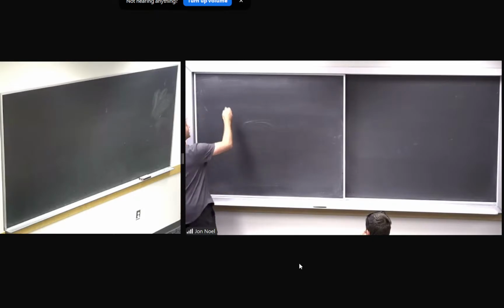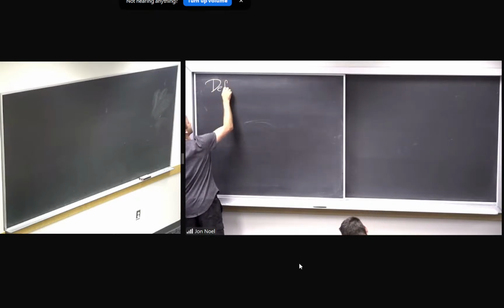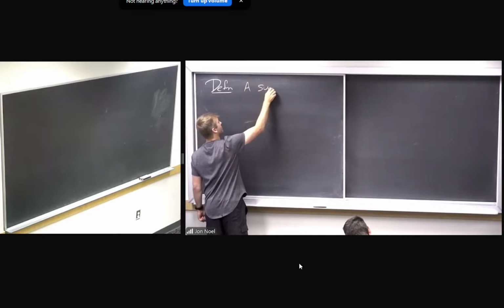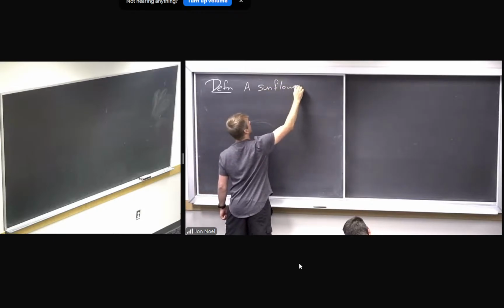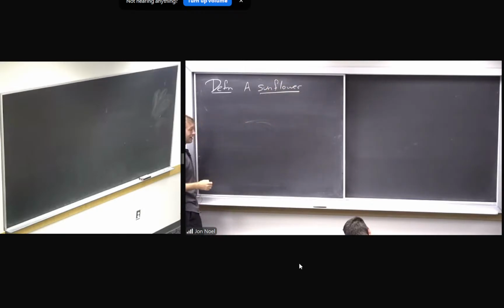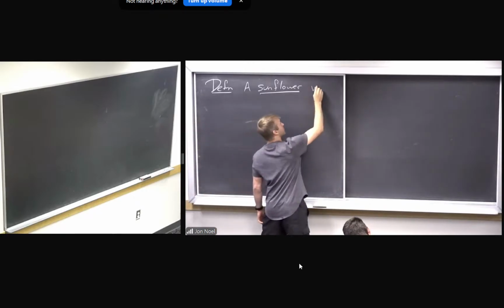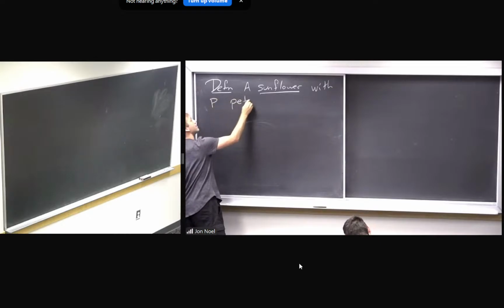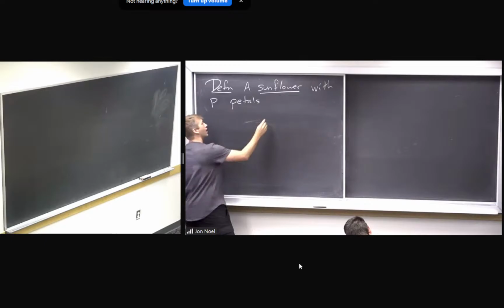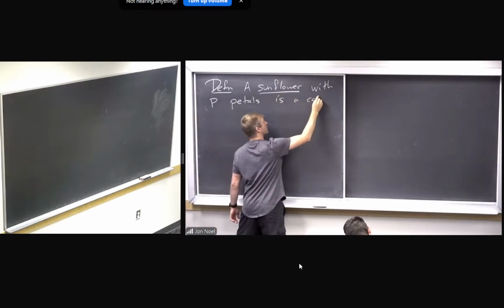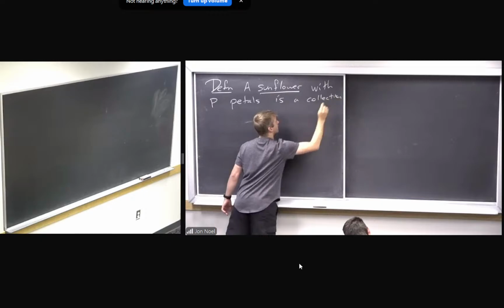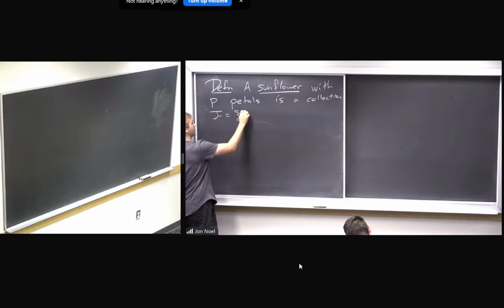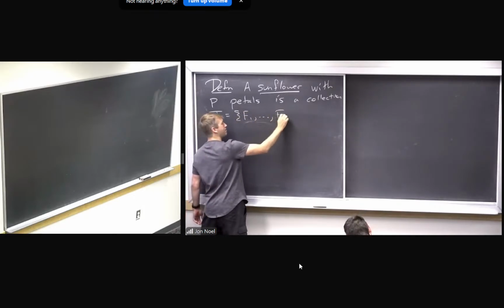So let me give you a definition. A sunflower, that is what people actually call it, with p petals is a collection, let's say, let's call the sets F1 up to Fp.